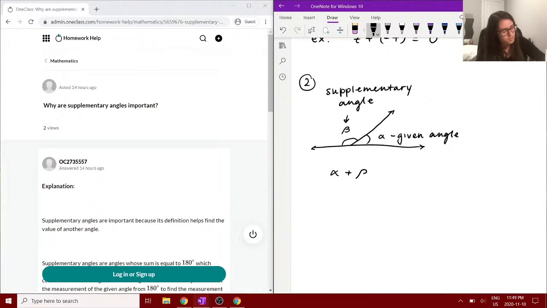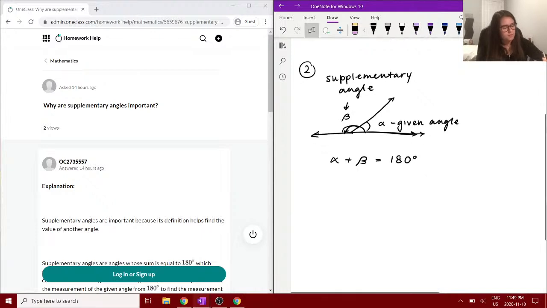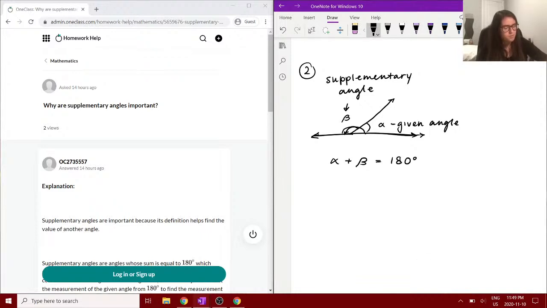That is because alpha plus beta, our supplementary angle, is equal to 180. So 180 would be going from this line here to this line, because 180 is just a straight line. So the supplementary angle is whatever you need to add to alpha to get to 180 degrees.